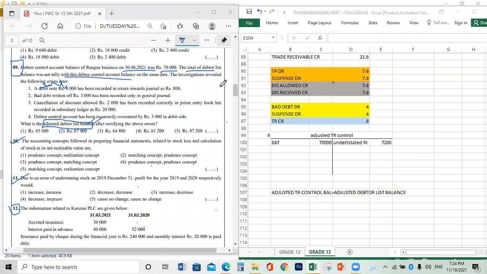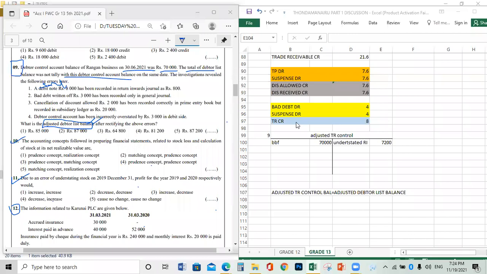Remember that. Now, the debtor control account has been incorrectly overstated by 2,000 in the debit side. So they say your debtor control has been overstated in the debit side. Overstated debit side means same side or opposite side?